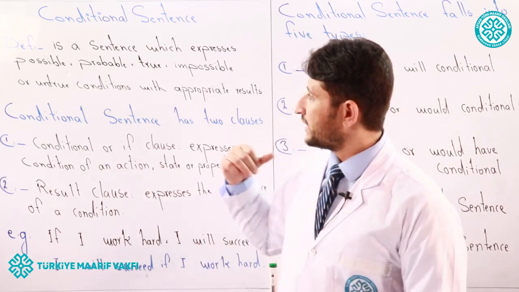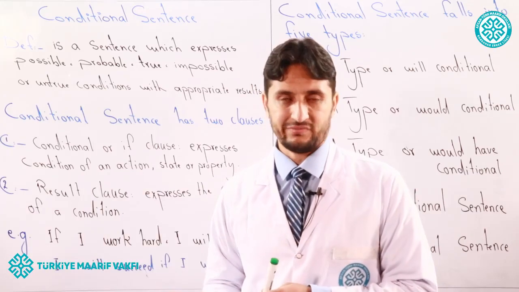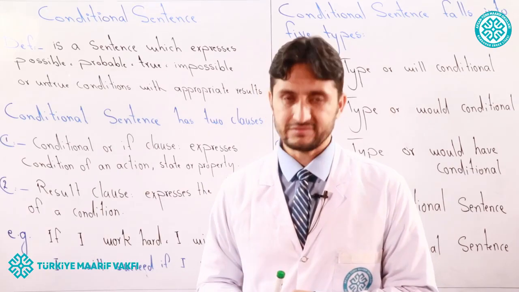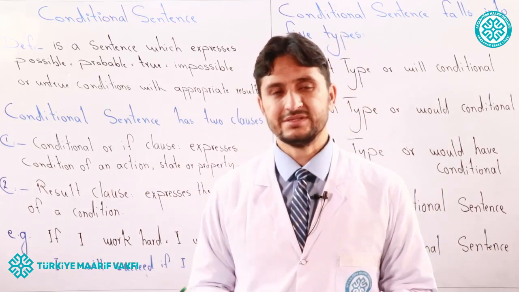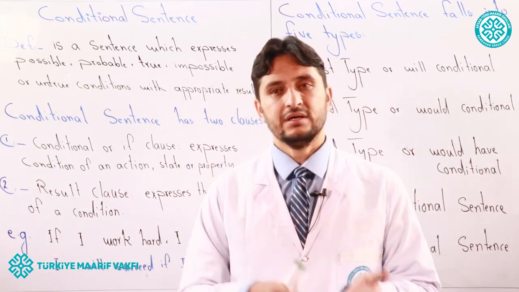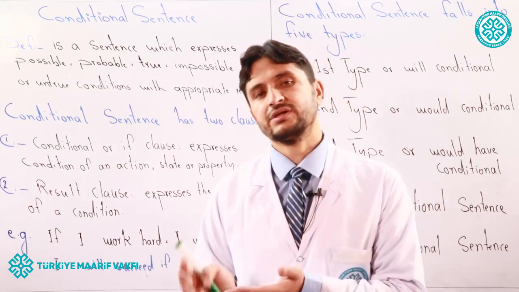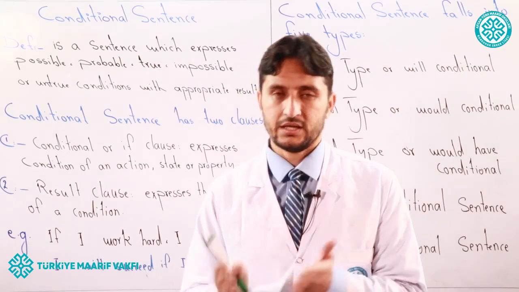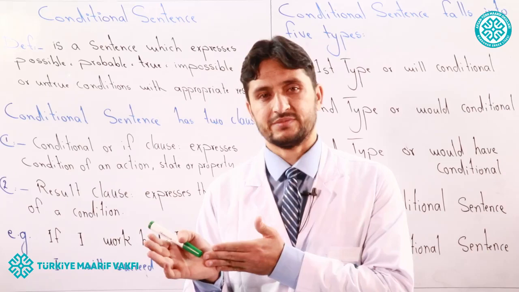So first of all, let's study clause. It's a brief review of clause. What is a clause? You might have studied in your book, a clause is a group of words that has a subject and verb. Sometimes it gives complete meaning, sometimes it does not. And clauses fall into 2 types.